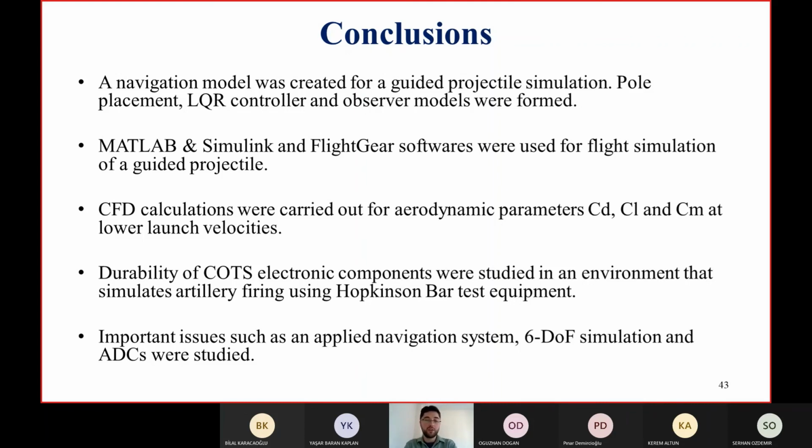CFD calculations were also carried out for lower launch velocities, and the durability of commercial off-the-shelf electronic components was studied in an environment that simulates an artillery firing using Hopkinson bar test equipment. And some of the important issues, such as the applied navigation system, 6 degree of freedom simulation, and analog digital converters were studied in my thesis.